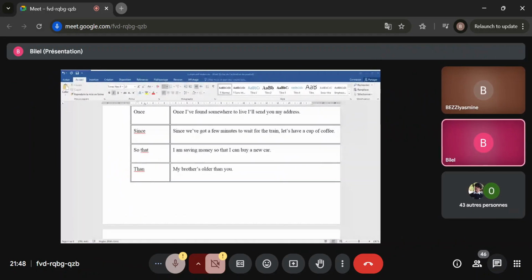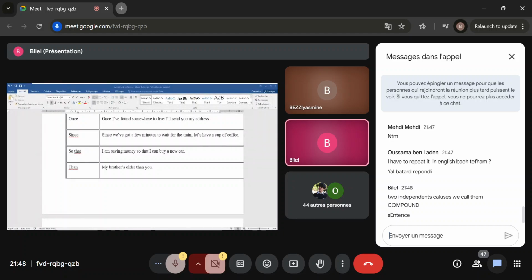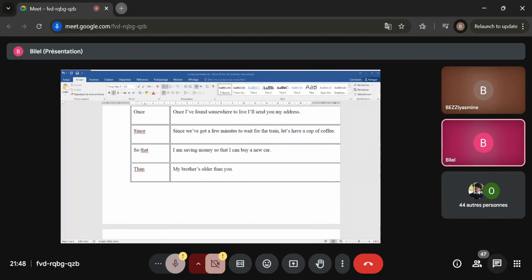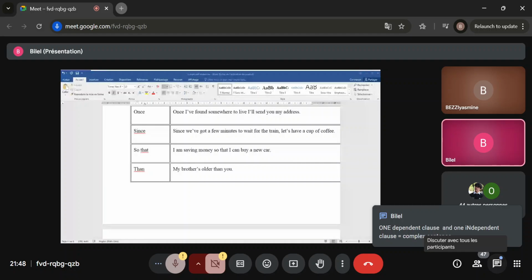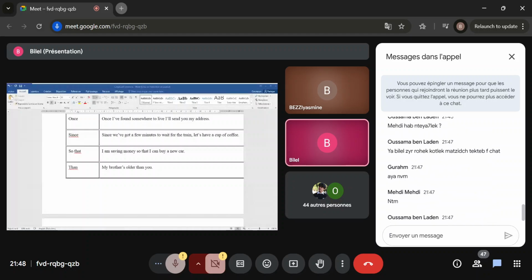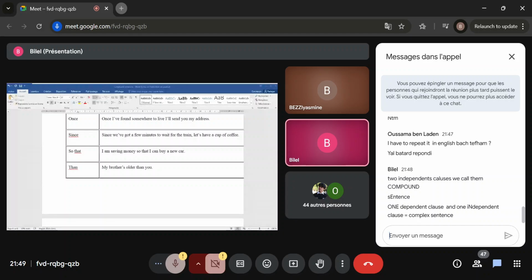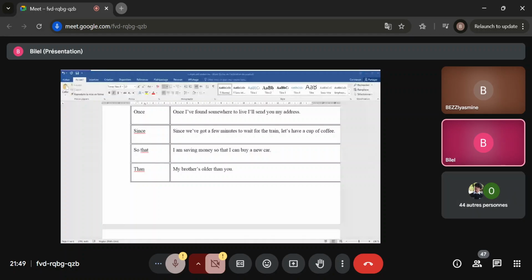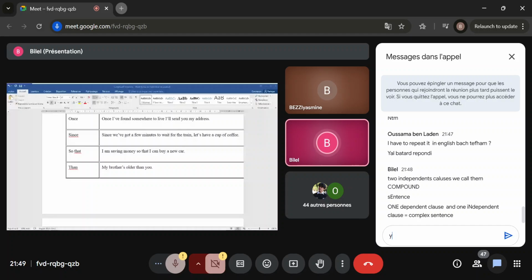One dependent and one independent. So is it clear here for compound and complex sentence, students?